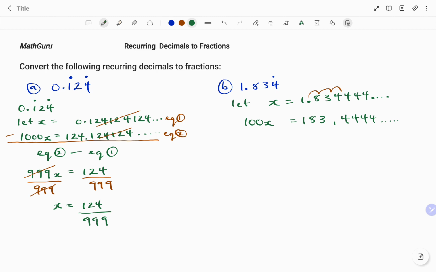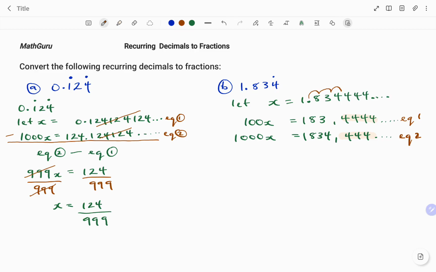So that will give me 1,000x on my left, and then I have 1,834.444. I have my first equation and I have my second equation. The aim is to have the same set of digits in the decimal part.